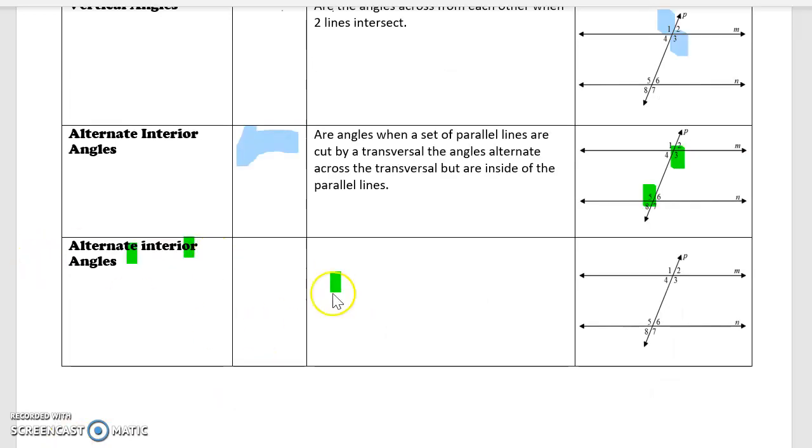I need to go back up here because I honestly think there's a mistake on this worksheet, and I want the students to change this from alternate interior angles to alternate exterior angles. The definition for alternate exterior angles is similar to that of alternate interior angles.